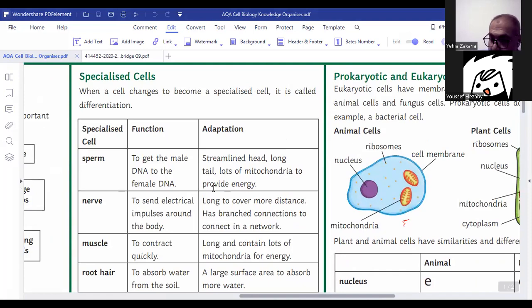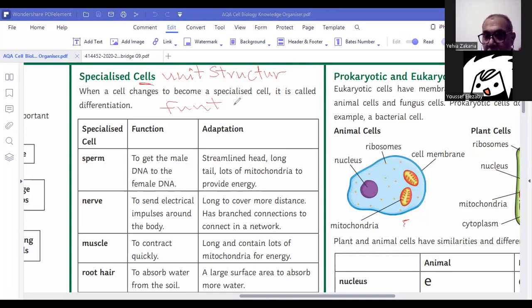We already know that the cell is the unit of structure and function of all living organisms. Structure means building the body. Function means doing all vital activities of the living organism.